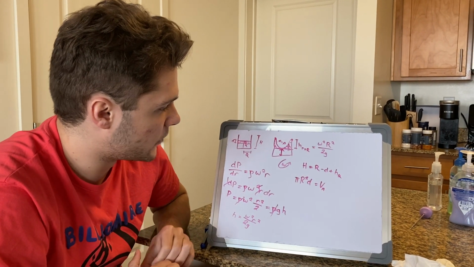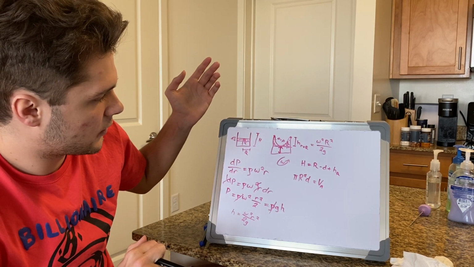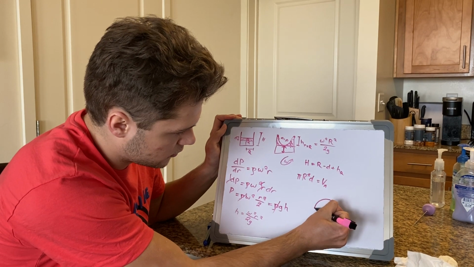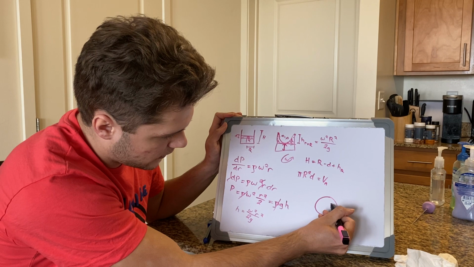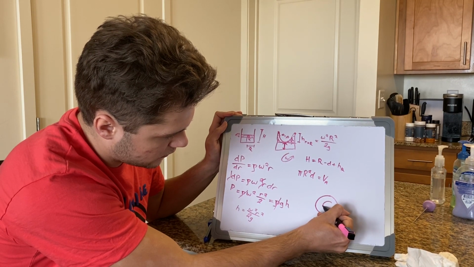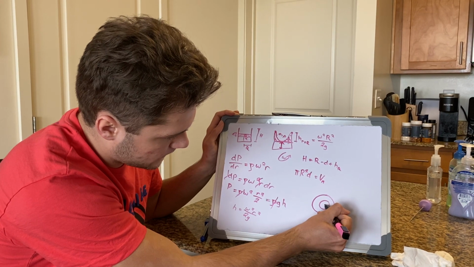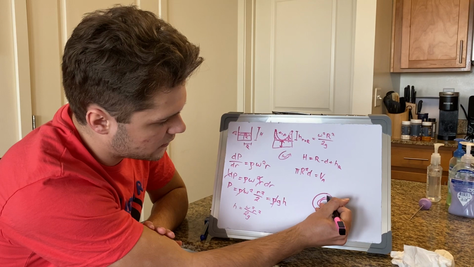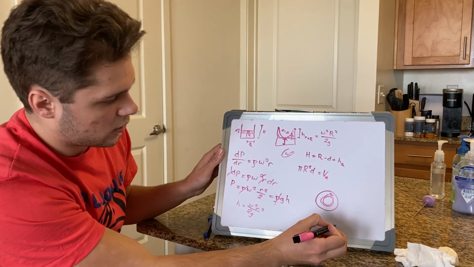And now we need to find the volume of this. So if we look at it from, let's say, a top view, it's a cylinder, so it's a circle, and we want to find the volume of some point here. So this circle at some thickness of dr and at some height h.